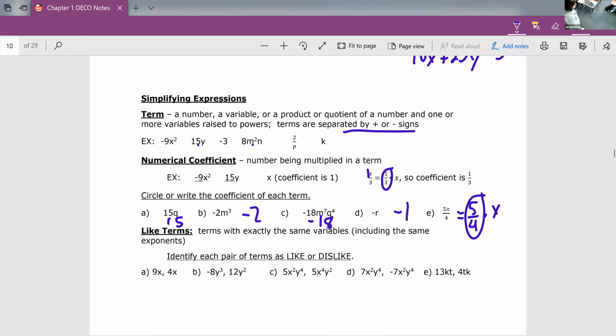Now, the reason we need to recognize terms and we need to understand where the coefficients are, what they mean, and basically a coefficient is just telling us how many times we're adding up that same variable. Like, for instance, if I see 3x, that means it's x plus x plus x.